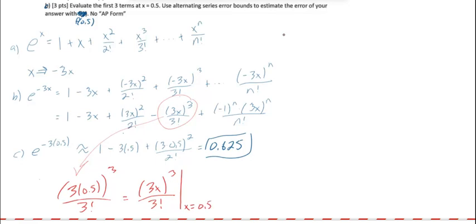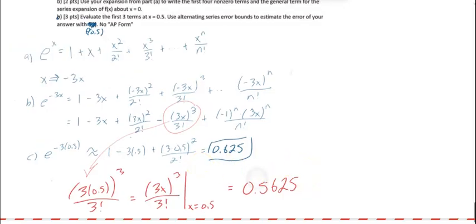To be honest, I kind of wrote that in a backwards way. Either way, plug it into a calculator. I get 0.5625. That means that this thing is within 0.5625 of the answer. So, it is what it is. That's the max error based on alternating series error bound.